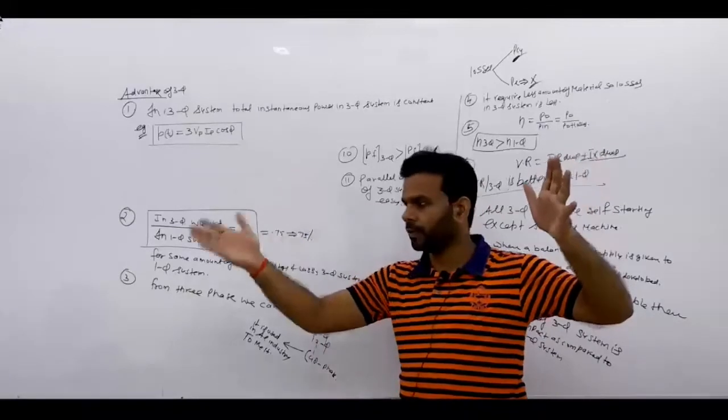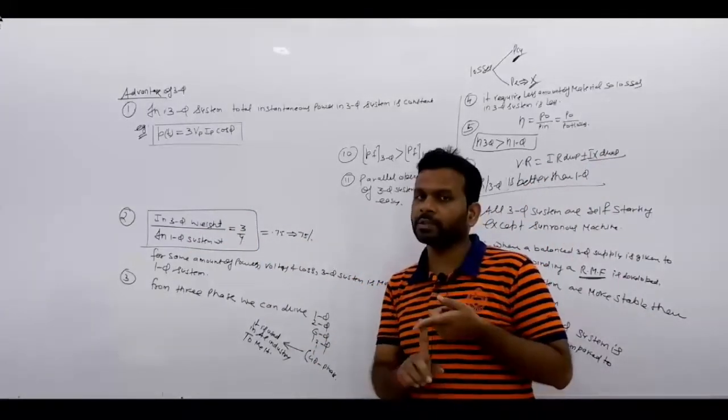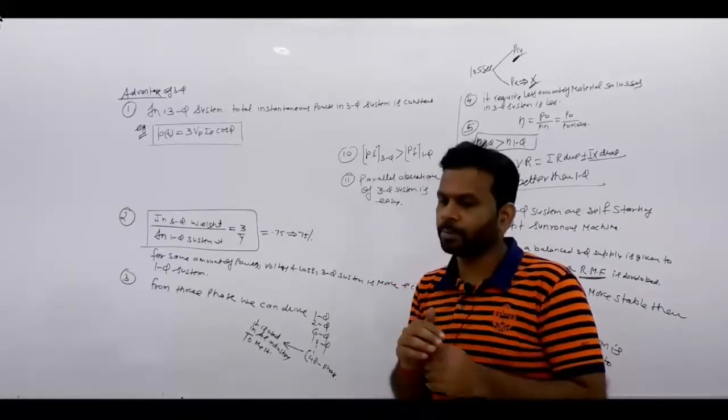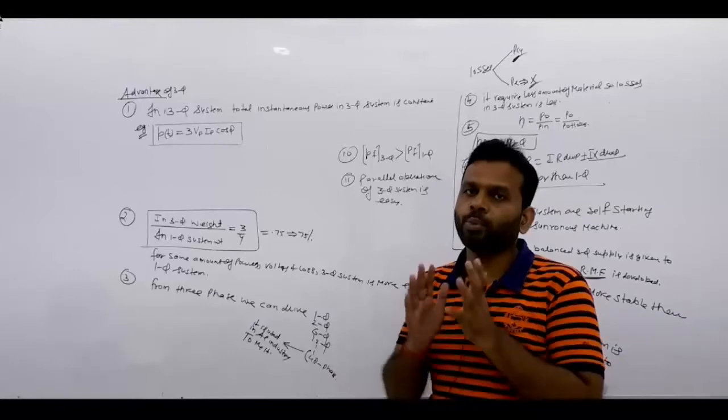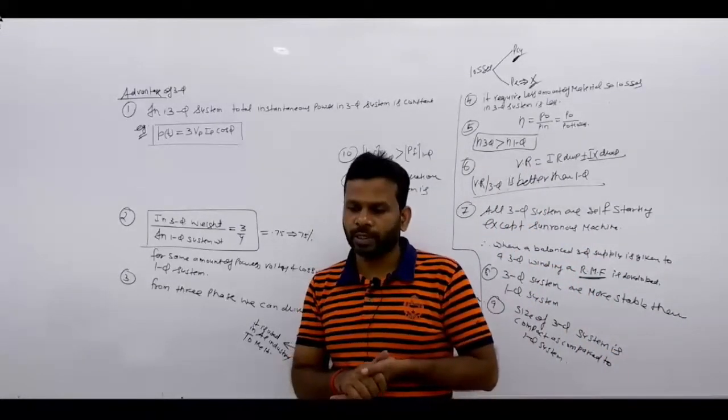If you compare with single phase, two phase, and other phase systems, the three phase 3 wire system requires the least amount of copper, and copper means material, so it is more economical as compared to others. So these are the advantages.